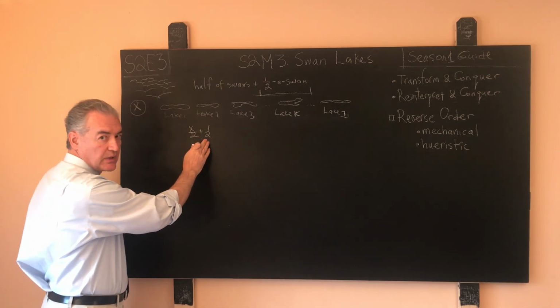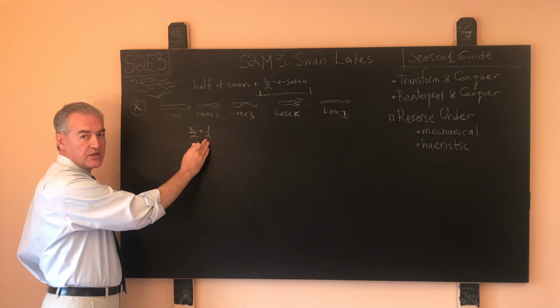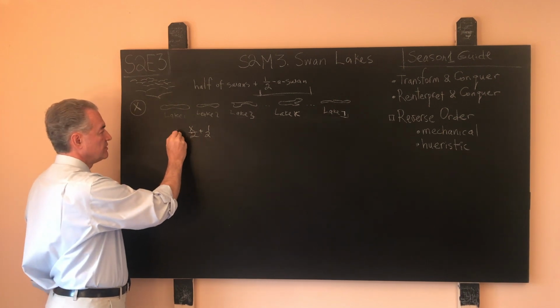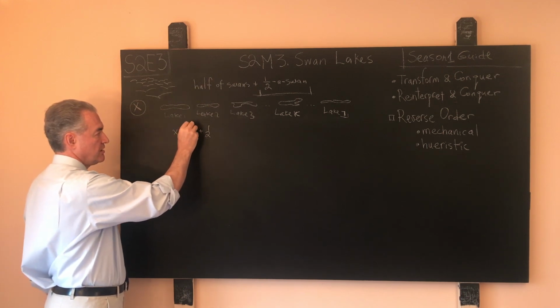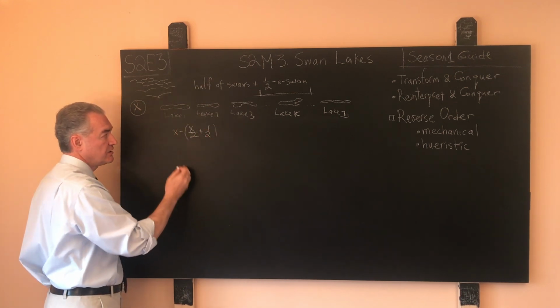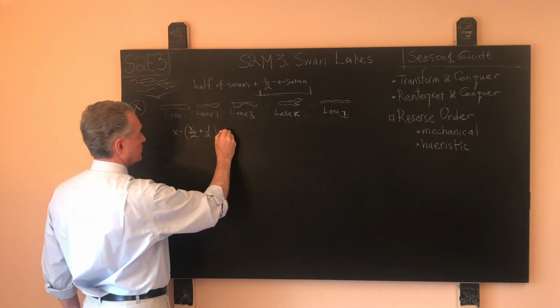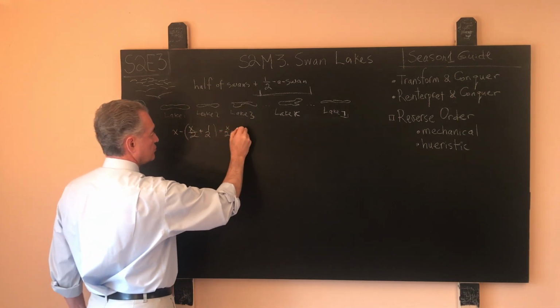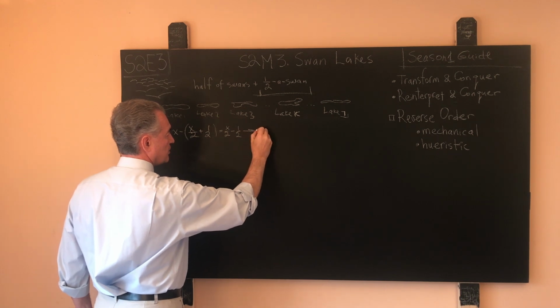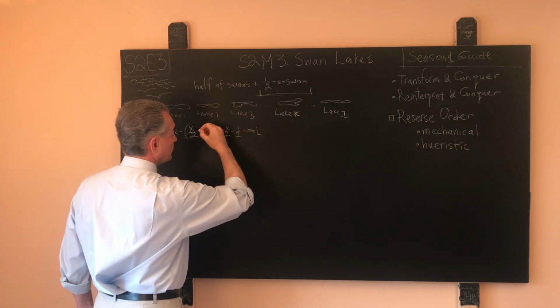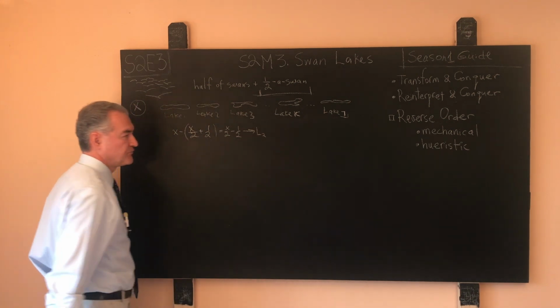And then how many swans remained in the air? Well, it will be the difference between the number of swans that approached the first lake, x, and the number of swans that landed there. By the looks of it, this will be x over 2 minus 1/2. This is the number of swans that flew towards lake number 2.